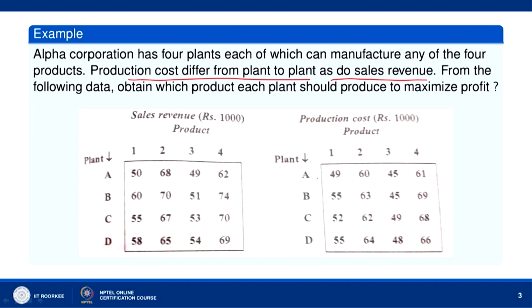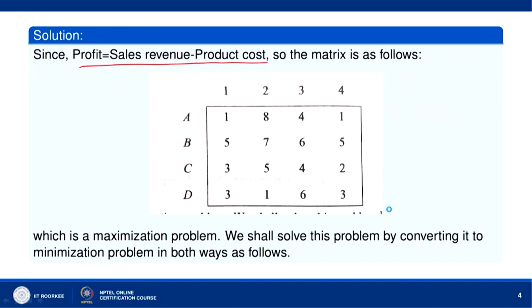So, 50 minus 49 is 1, 60 minus 55 is 5, 55 minus 52 is 3, 58 minus 55 is 3, and so on. So, from the first matrix we subtract the second matrix to obtain the profit matrix. So, this is our profit matrix: 1 8 4 1, 5 7 6 5, 3 5 4 2, 3 1 6 3.